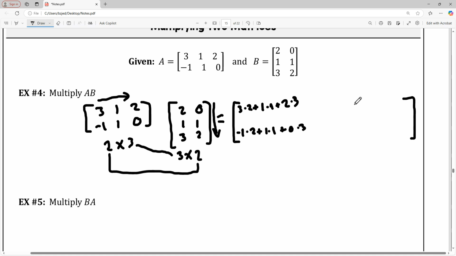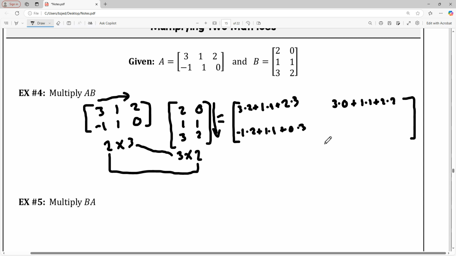So my first row was 3, 1, 2, so it's going to be 3 times, and now I'm going to go to my second column. The first value in my second column is 0, so it's going to be 3 times 0 plus, and now I'll keep going. The second value in my first row is 1 times the second value in my second column, which was also 1, plus, and now the third value in my first row was 2 times the third value in my second column, which was also 2.